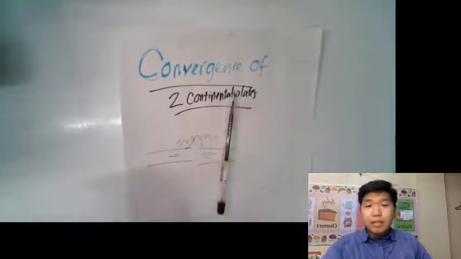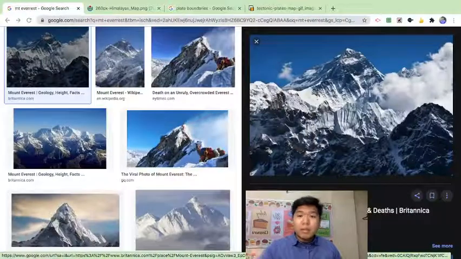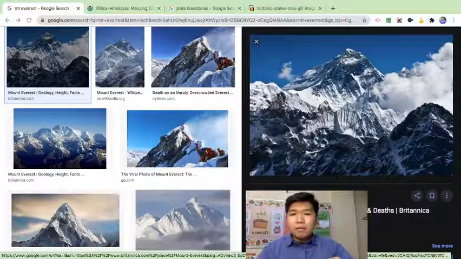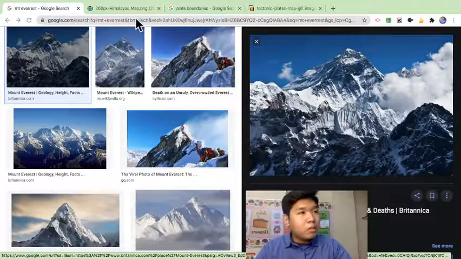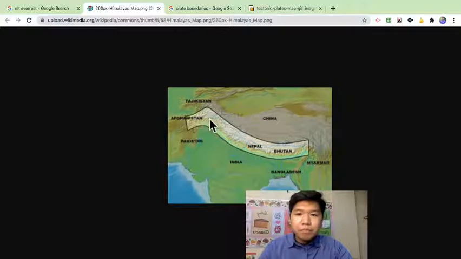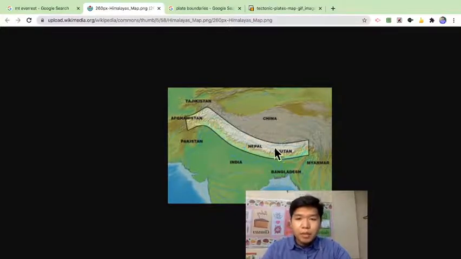A very good example of that is this. Mount Everest and the mountain range called the Himalayas, over at the border between these countries. So this here is the Himalayas, a series of very, very tall mountains, if not where the tallest mountains of the earth are located.